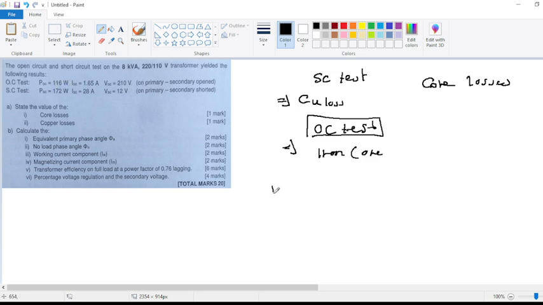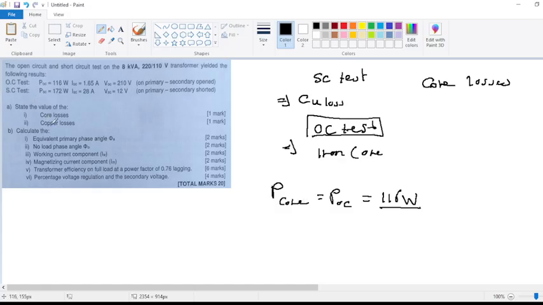This is the power. So the power of the core is equal to the power of the open circuit test, which is 116 watts. So this is your answer for the first question, the core losses.